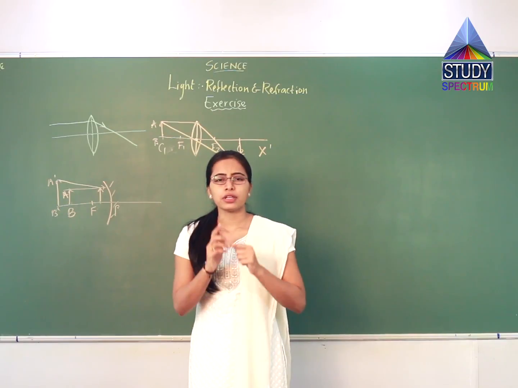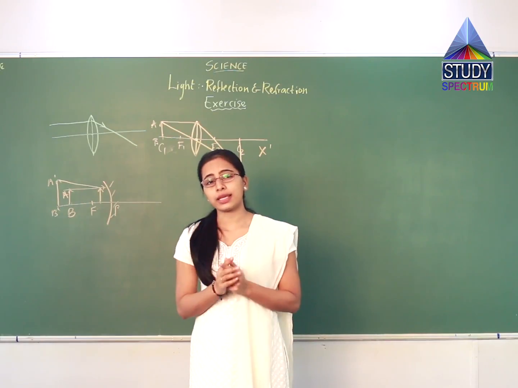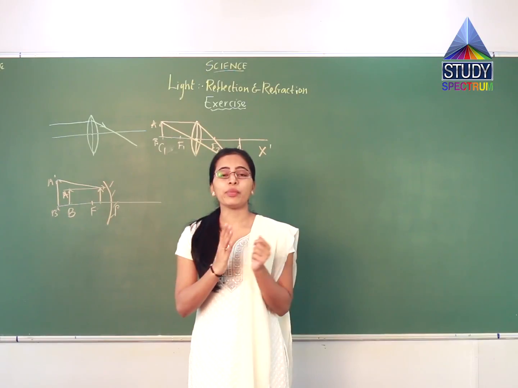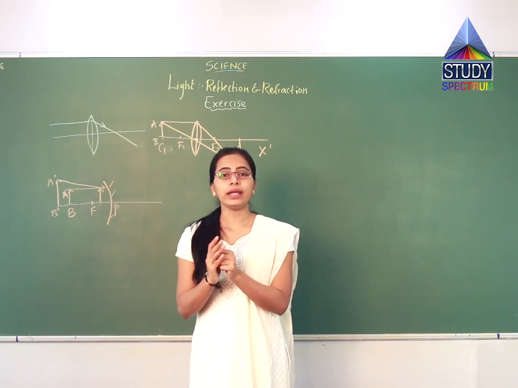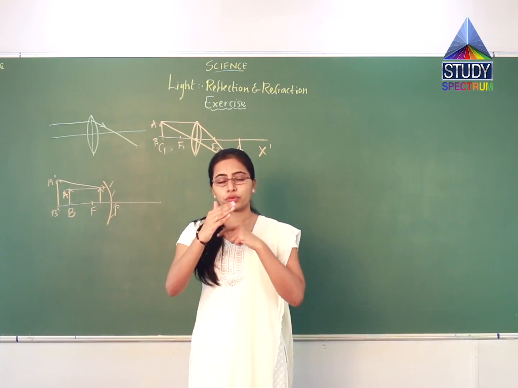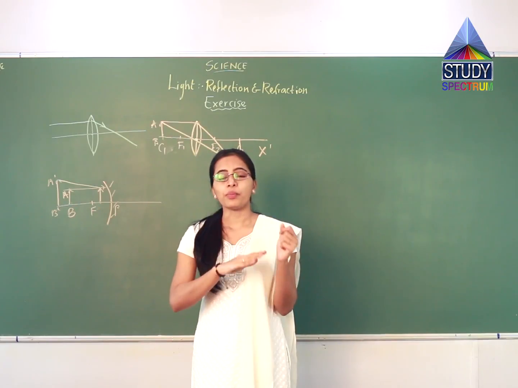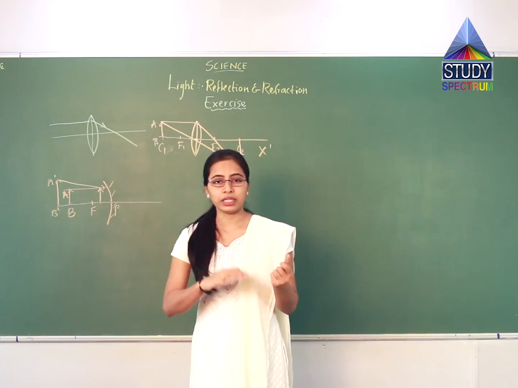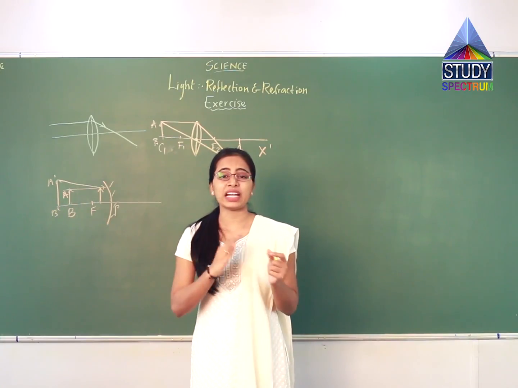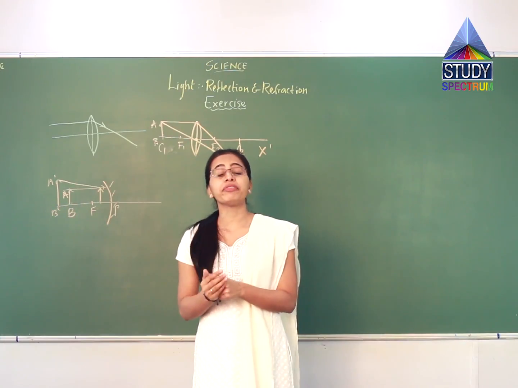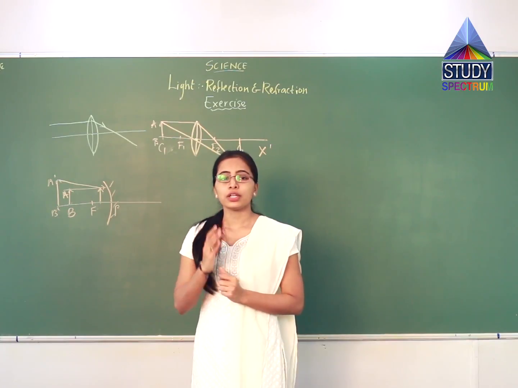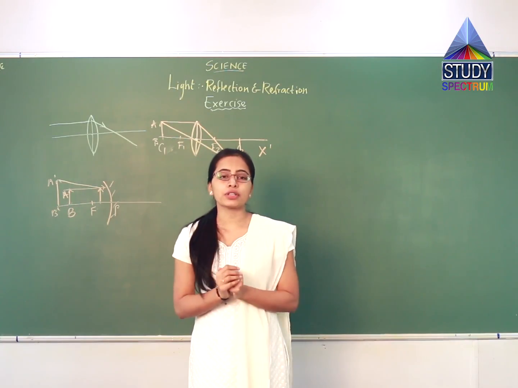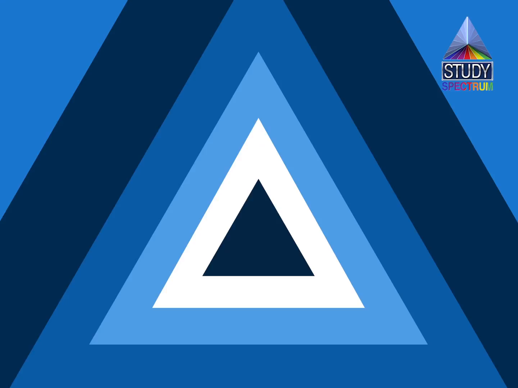For your reference, you can study the 6 cases of image formation by convex lenses that we had studied. By changing the positions of the object, we got different sized images at different positions with different natures. So you can revise that. So your option B was the correct one.